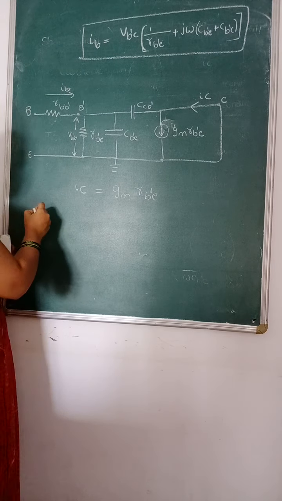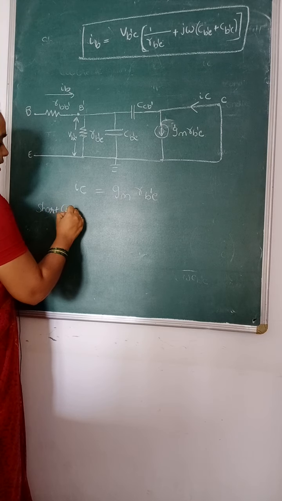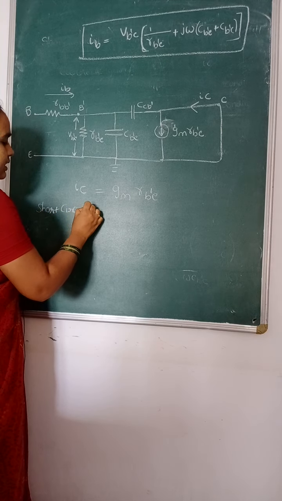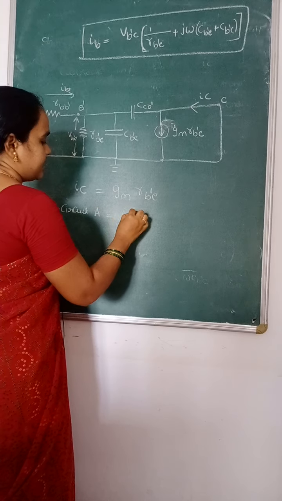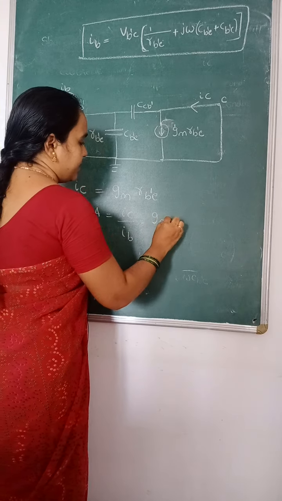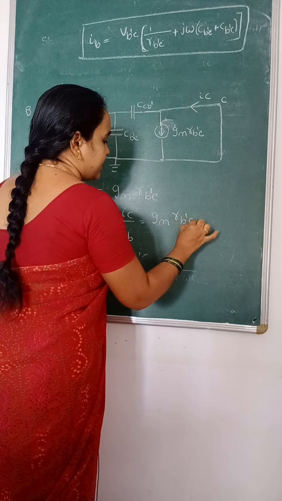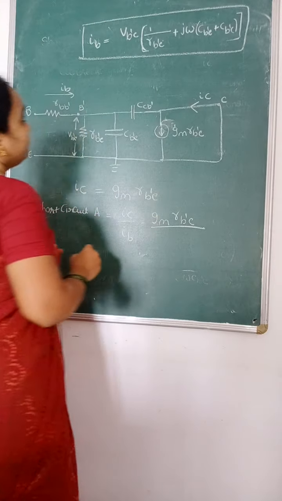Then the short circuit current gain. Why is it called short circuit? Because the output is short circuited. Current gain is equal to IC by IB. What is IC? gm into V B dash E divided by IB. What is the value of IB?